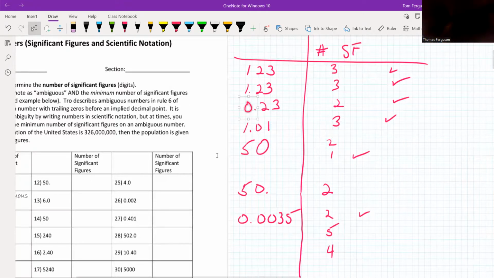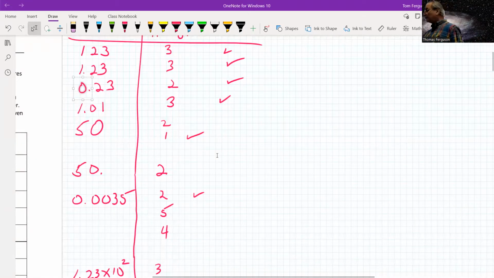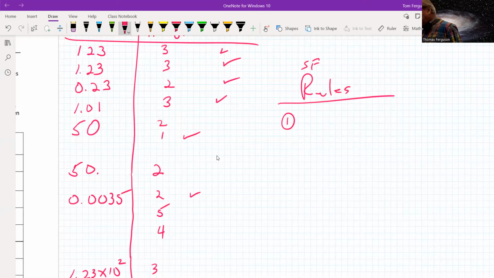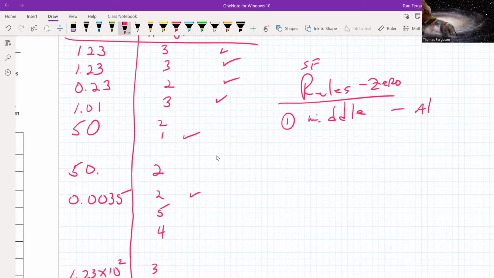So there are going to be rules now. These are significant figure rules. Number 1, if the 0 is in the middle, it always counts.